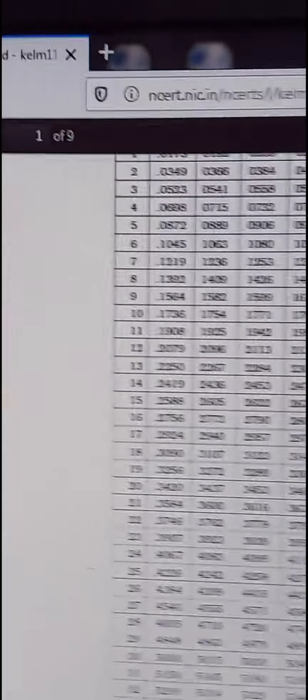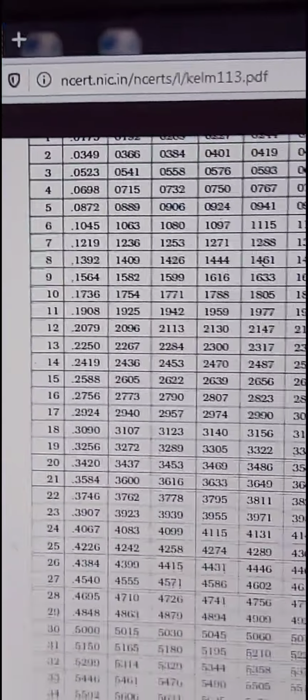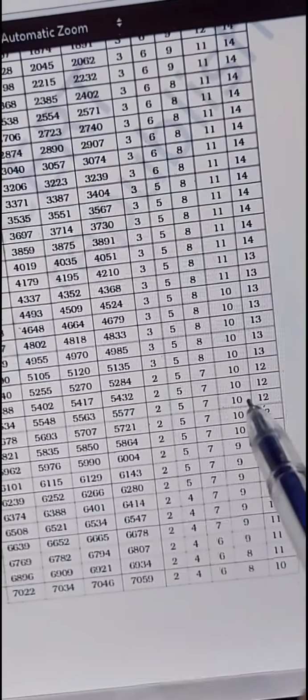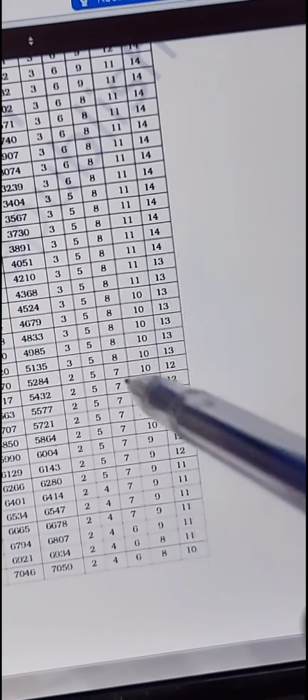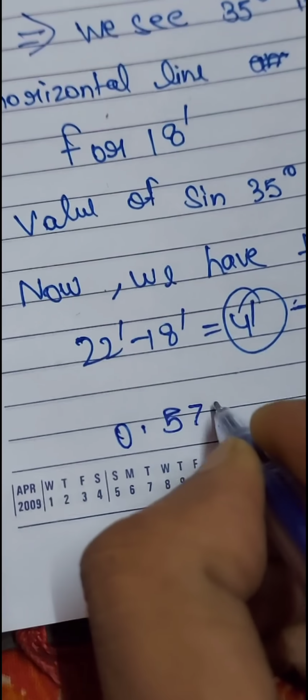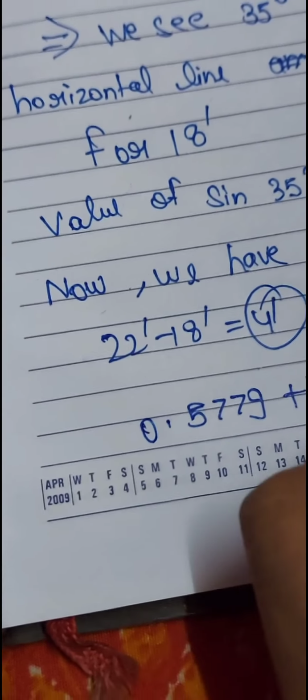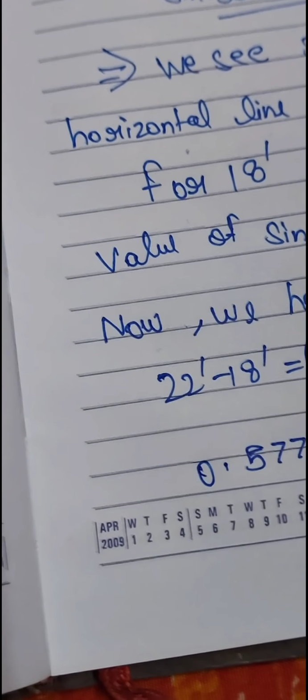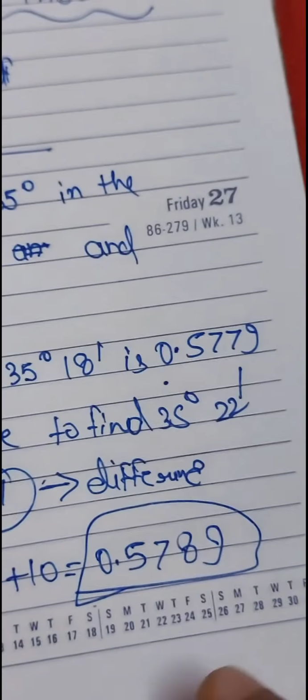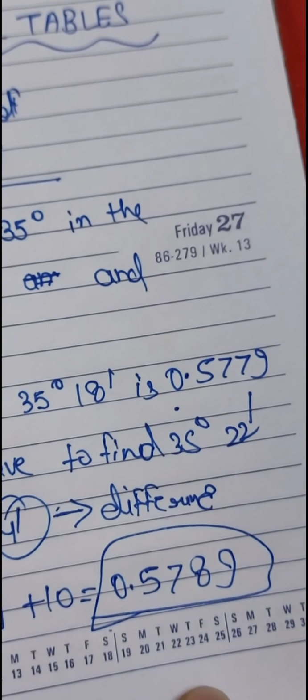In the row of 35 degree, under the column of 4, we have the value 10, that is 0.0010, with 4 places after the decimal. That means we will add this 10 to the value 0.5779. We will get 0.5789. This is the value of sine 35 degree 22 minutes.